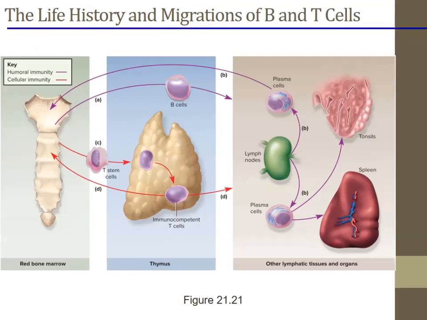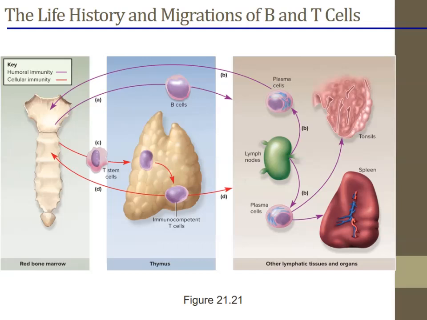So this picture just shows you what I was just saying. You want to take the time to look at it. They're made in the bone marrow. This is the first picture here. Both B and T, made in the bone marrow. Where does the T cell go to mature? The thymus. I don't know why. Just does. Under the hormone guidance of thymosin from the thymus.